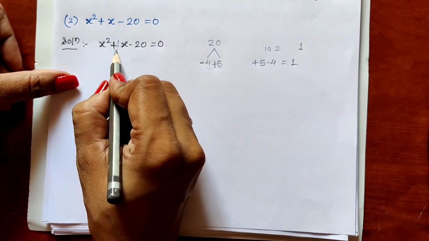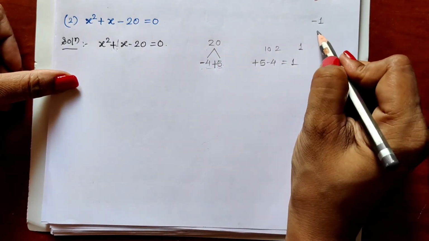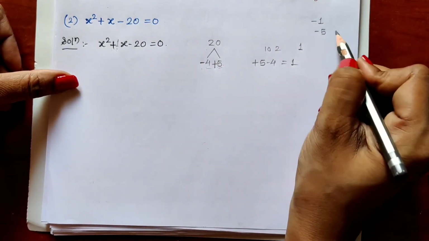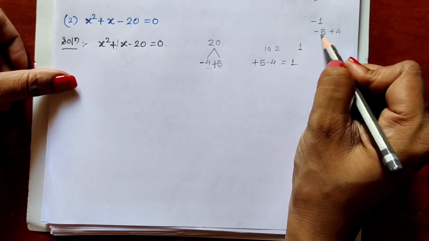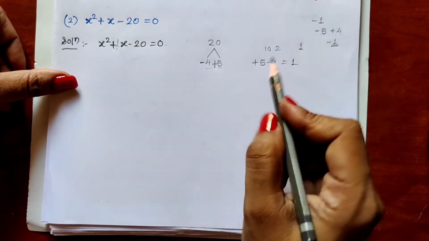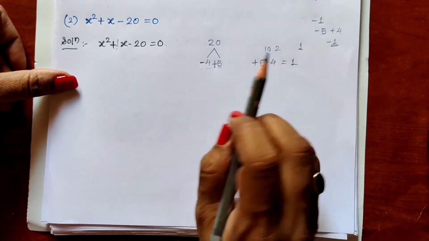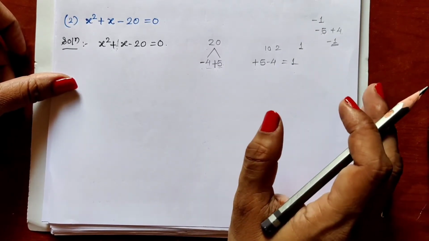If there was minus 1, then we would have given a minus sign to 5 and a plus sign to 4. Then we would have got minus 5 plus 4 as minus 1. So giving the sign is also very important. You will have to see that very carefully.